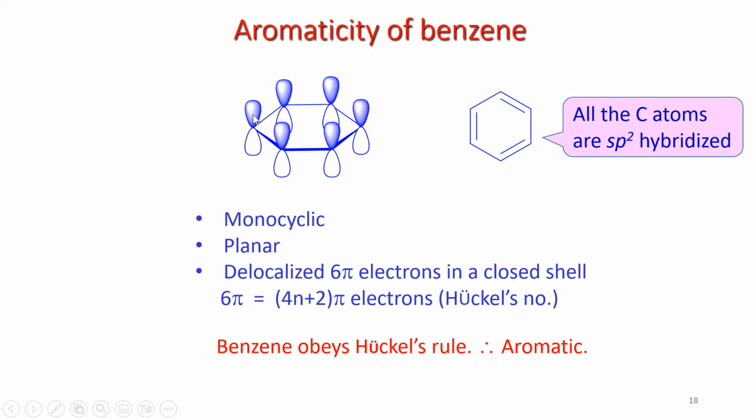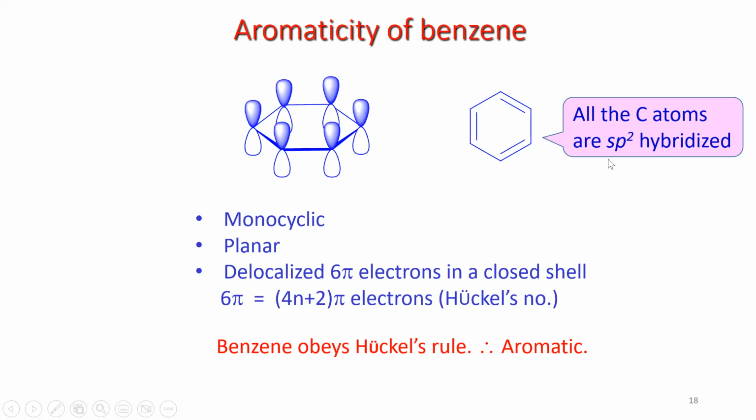These electrons are circulating in a ring line, right? So it is monocyclic, and when you make the structure using stick and ball models, you get a planar structure. The number of pi electrons is 6, each p orbital has 1 electron, in a closed shell. Closed shell means it can freely move right around the ring, right?